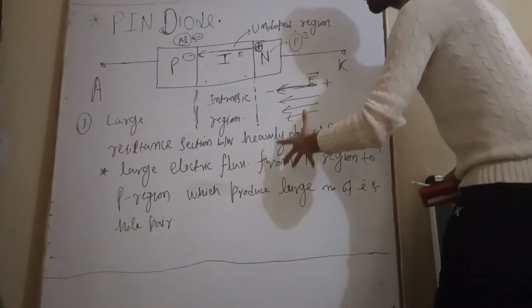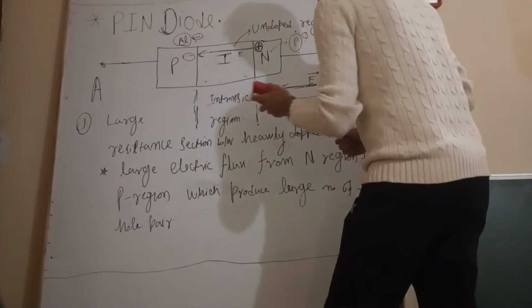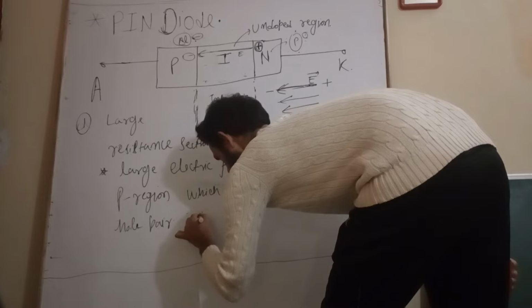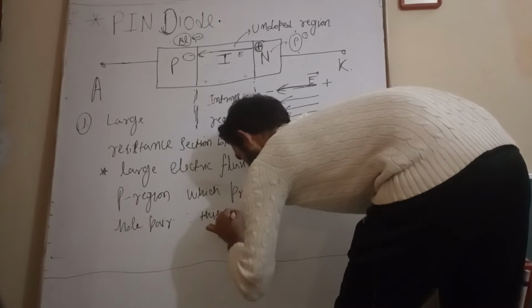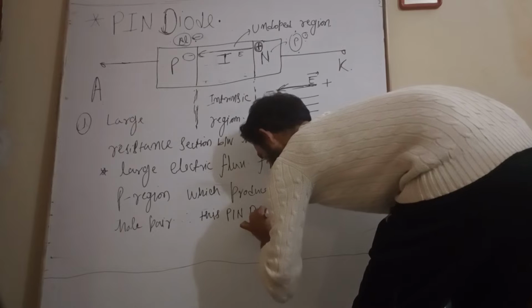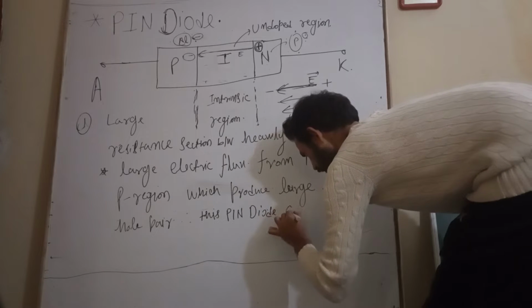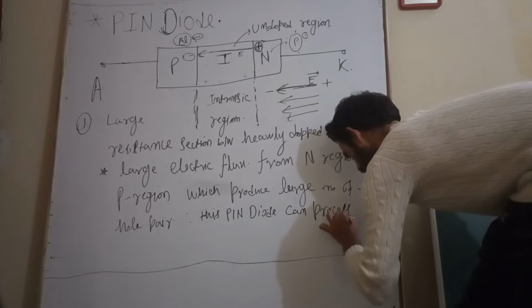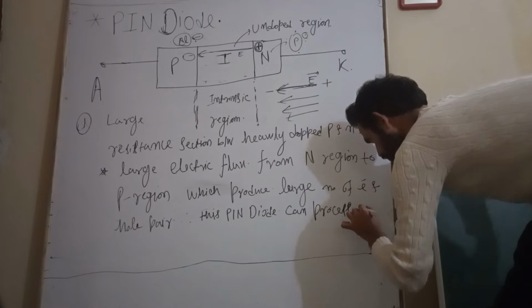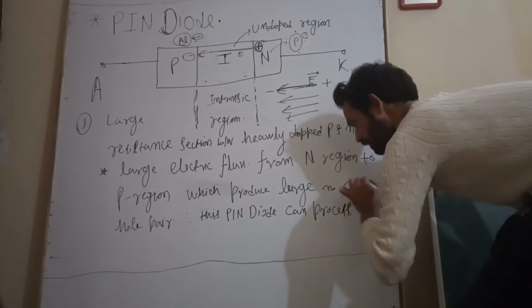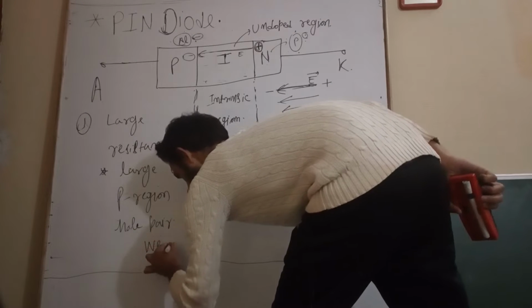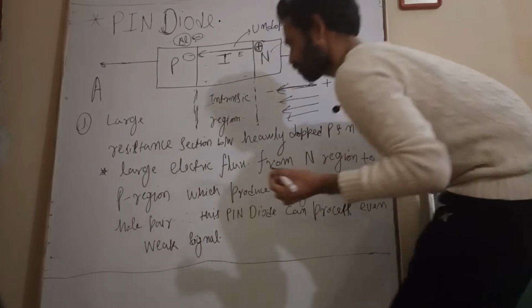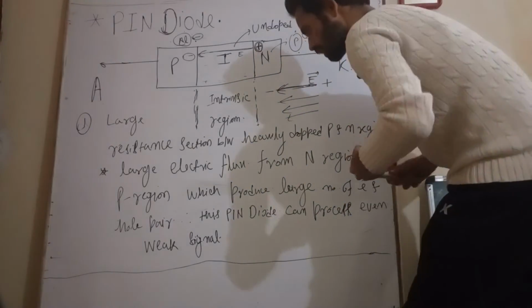Because of this large electric flux. Therefore, this pin diode can process even a weak signal.